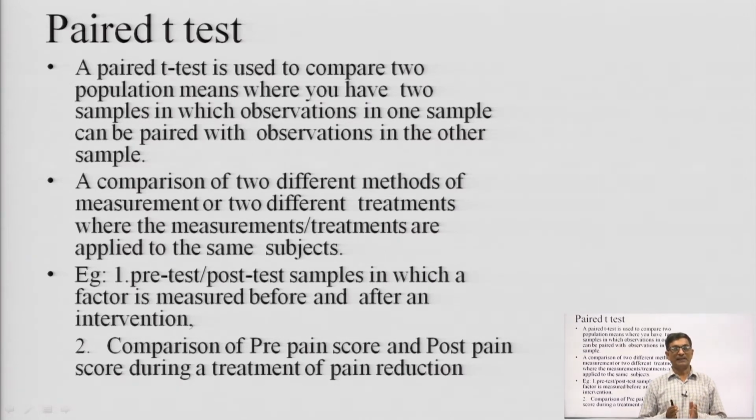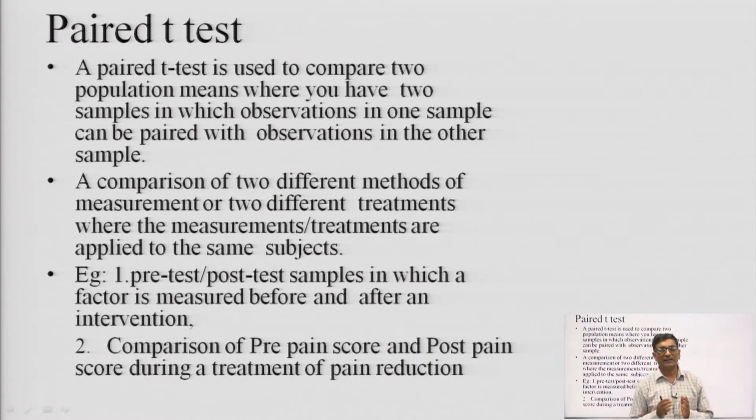So in the paired t test we have two population means, but the observations of the first and second samples are paired.